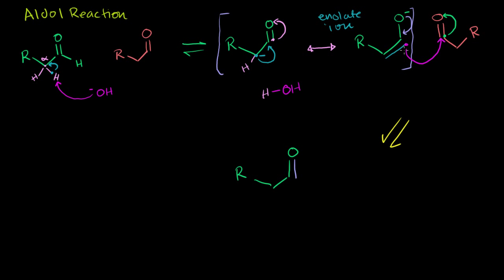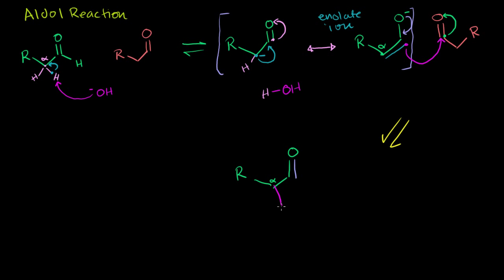But now this electron gets an attack on this other aldehyde. So this guy right here, this alpha carbon, it's that same alpha carbon we've been dealing with. The same alpha carbon is now bonded to this carbonyl carbon. So it is now bound to this carbonyl carbon right over here. And so it will look like this. Let me draw it with the right colors. Get the orange out.